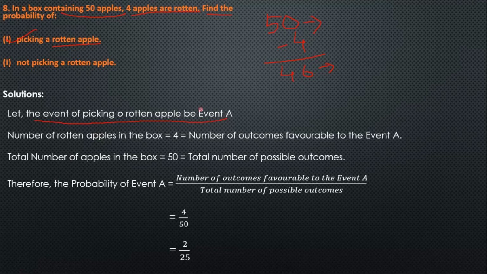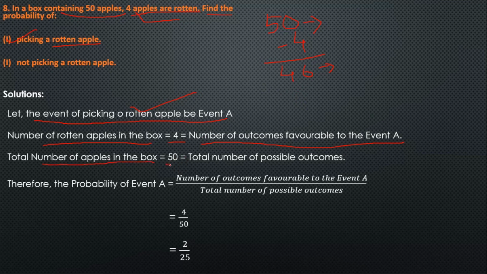The event of picking a rotten apple first, the question says we have to calculate the probability of picking a rotten apple. So let the event of picking a rotten apple be event A. So the number of rotten apples in the box is how much? It is 4 rotten apples out of 50. So 4 is the number of outcomes favorable to event A, because if any one of these 4 apples gets picked up, our question's condition is getting fulfilled, that is of a rotten apple.